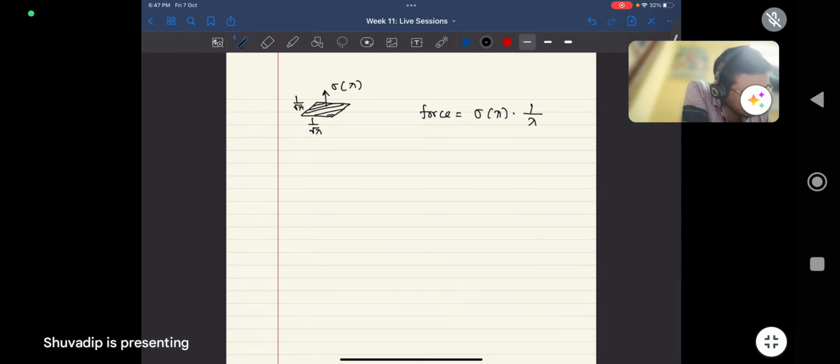Then the work done to change lambda by a little bit d lambda will be sigma 1 by lambda d lambda, and this will be stored as free energy. So this is the change in free energy. From this, sigma is lambda into dF d lambda.